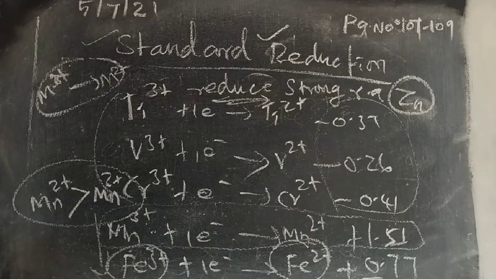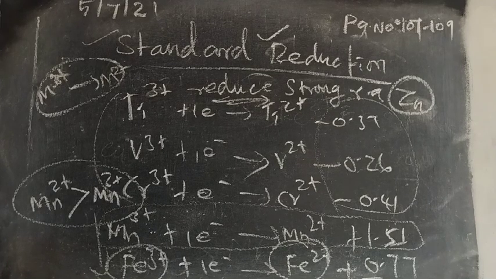That is due to their electronic structure. Mn3+ has a 3d4 configuration. Due to its electronic structure only, we can see the sudden change in the reduction potential. The half-filled configuration is more stable or more feasible. We know that for manganese.